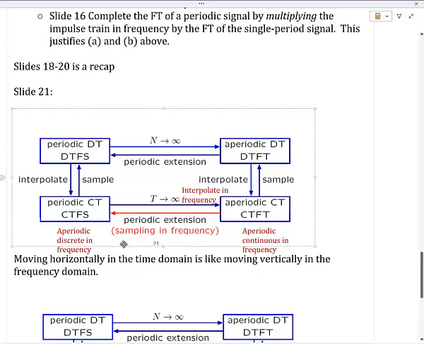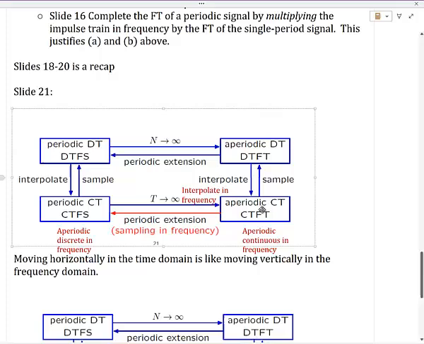And here we have interpolation in frequency and sampling in frequency, just like we have down here, interpolate and sample. Okay, so that means the change in the frequency transform from here to here matches the change in the time transform here. So what does that mean? There's this symmetry between time and frequency.